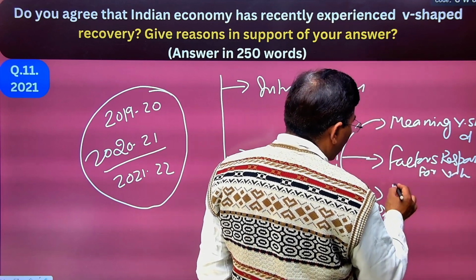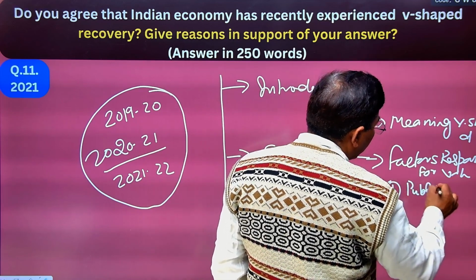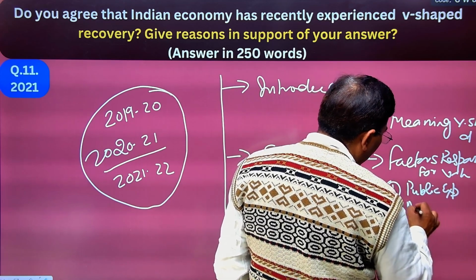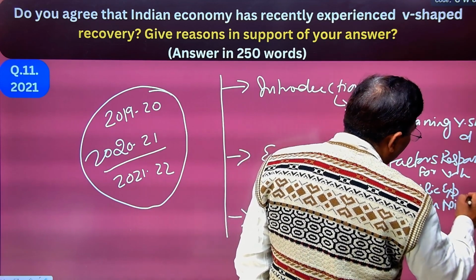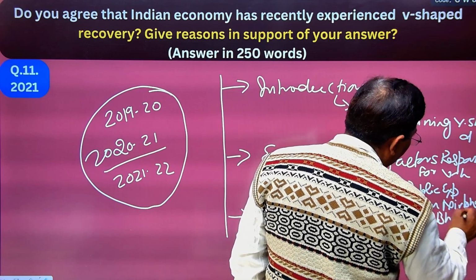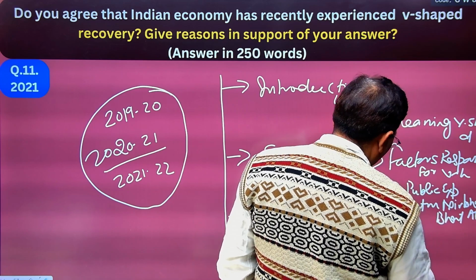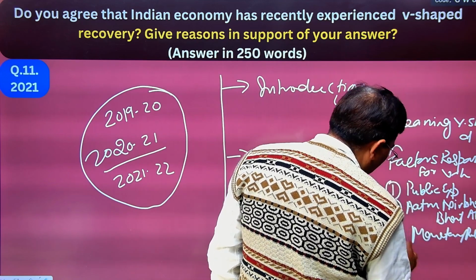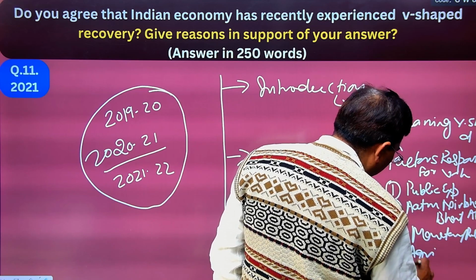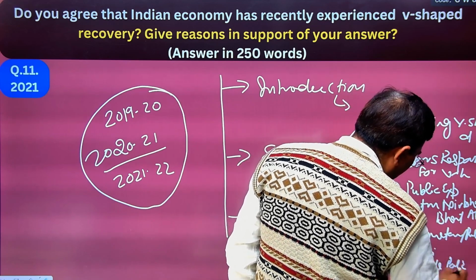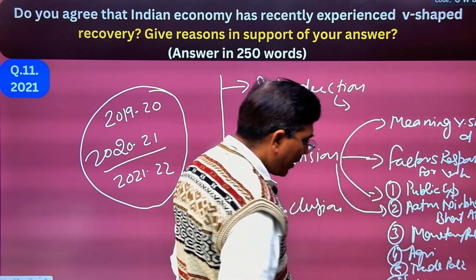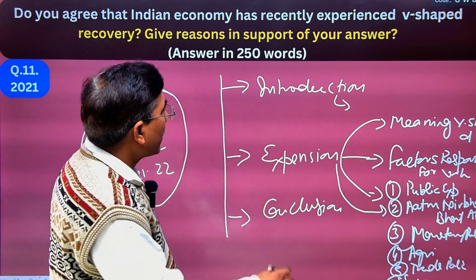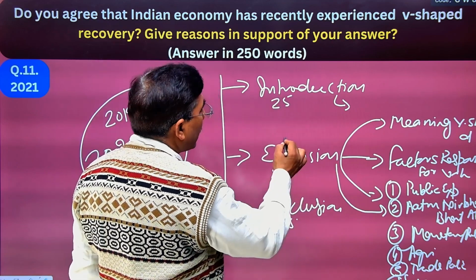Then one by one you will explain: public expenditure program, second, Atmanirbhar Bharat Abhiyan, third, monetary policy, fourth, agriculture, fifth, trade policy, sixth, service policy, etc. You can analyze a number of points under this topic, and you have to write within the word limit of 150 to 200 words.